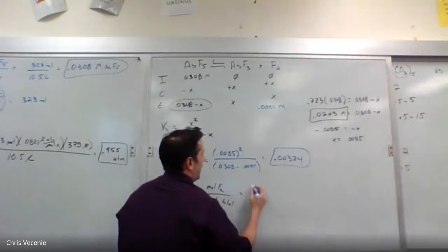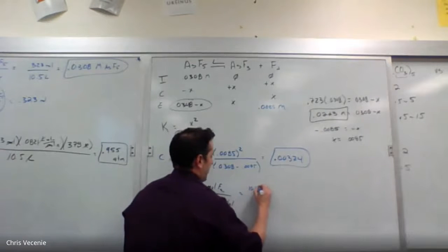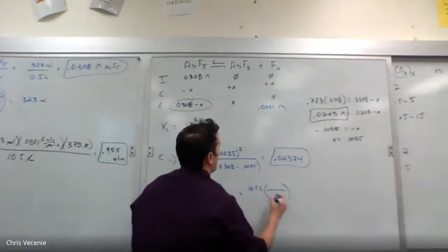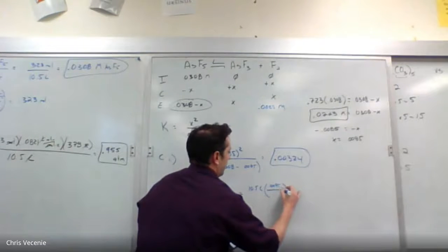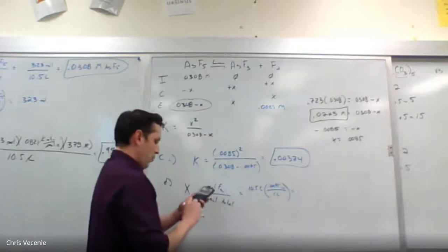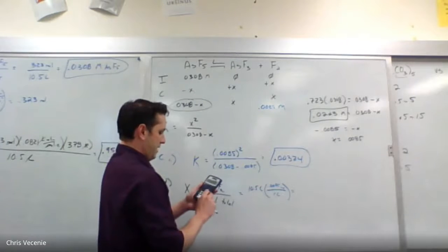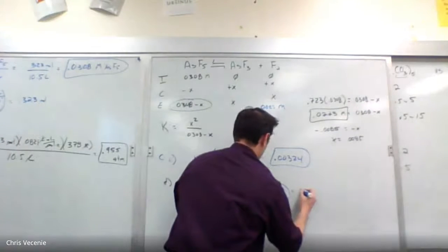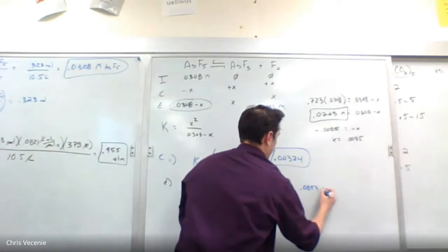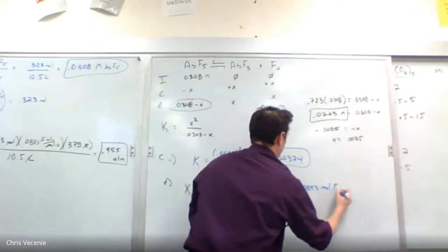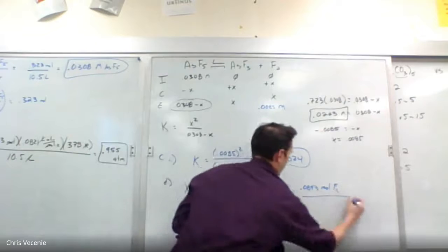So I would simply take my 10.5 liters times my 0.0085 moles per liter to get my moles there. So 0.0085 times my 10.5, I get 0.0893 for my moles of F2. So there's my numerator.